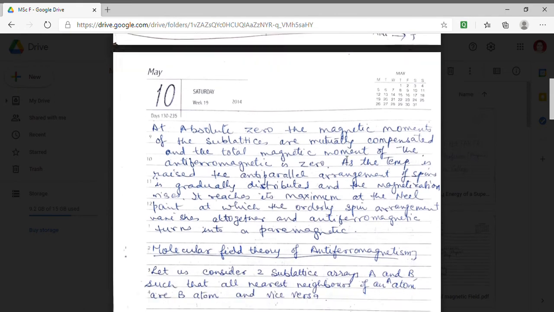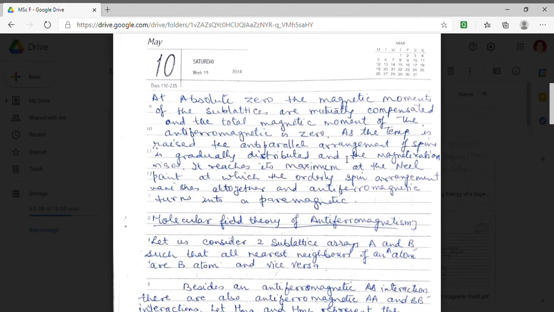So we will discuss the molecular field theory of antiferromagnetism.